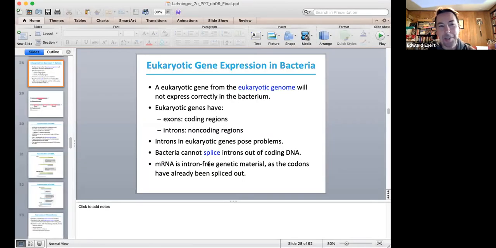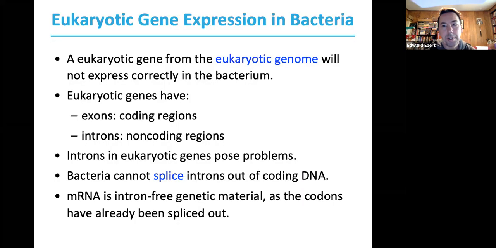All right, so let's pick up where we left off with our chapter 9 discussion of the techniques that are involved with nucleic acids. We're going to look at eukaryotic gene expression in bacteria, and maybe a little bit in eukaryotes.